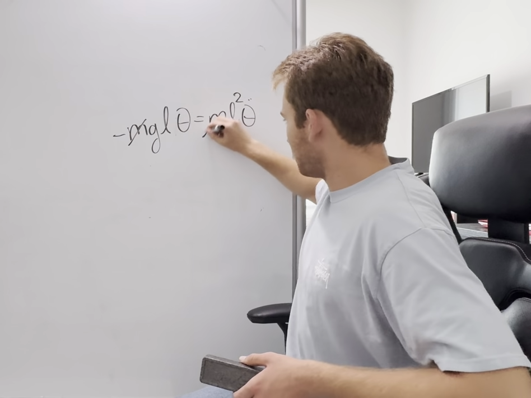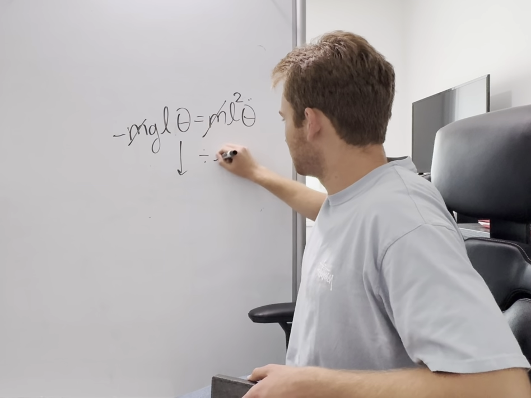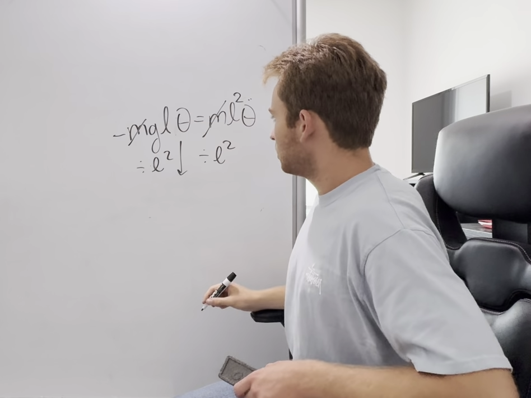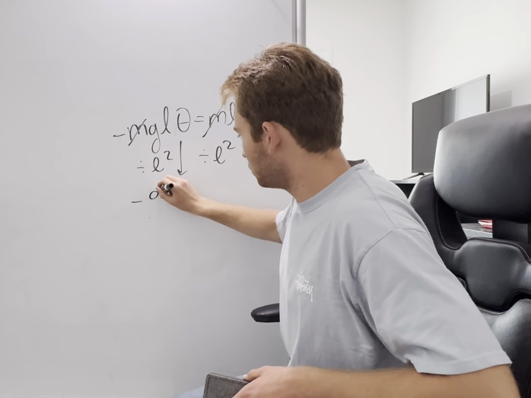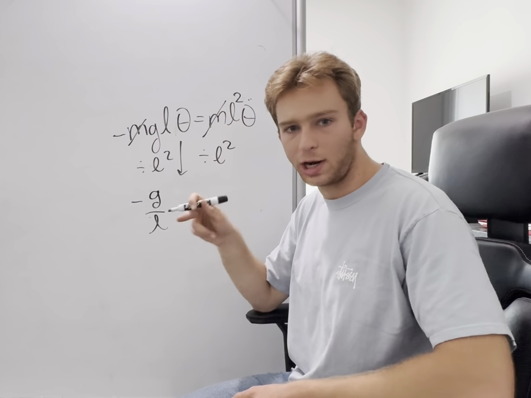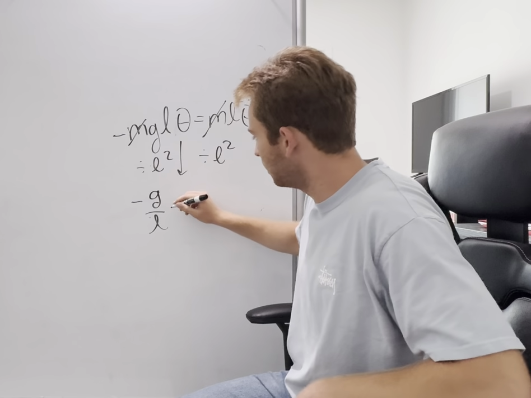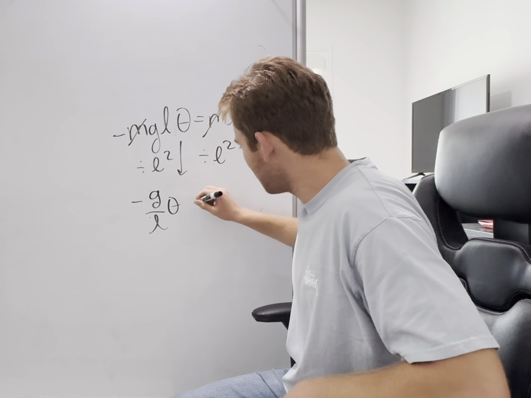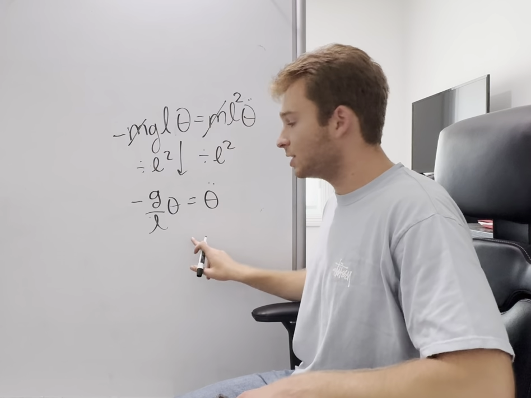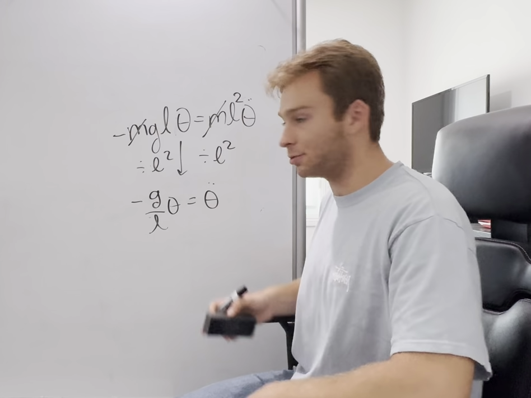You can just divide by that on both sides and cancel it out. Then you can divide by L squared on both sides, and you'll get negative G over L, because you have one L on top, L squared on the bottom. It cancels out, so you should have one on the bottom. Negative G over L times theta is equal to theta double dot. And this differential equation is way easier to solve. In fact, we're going to solve it right now.